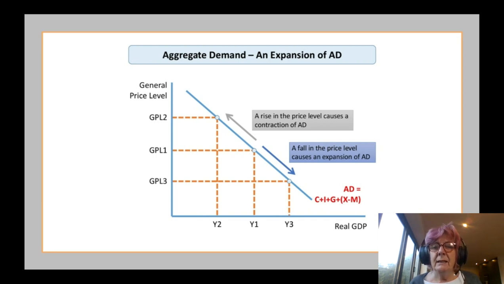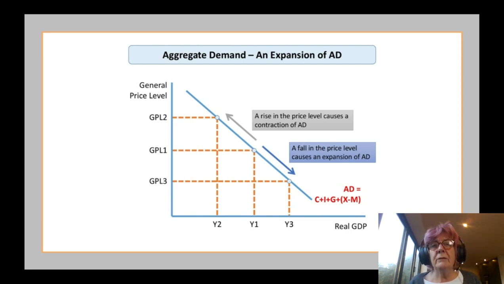And to some extent, that's been the story of the last 20 years or so. As the cost of manufacturing goods has come right down and the rise of Asian countries, particularly China, in manufacturing low-cost goods, the price of many goods has fallen, and that has increased aggregate demand in many countries as a result. So that's our standard aggregate demand diagram.